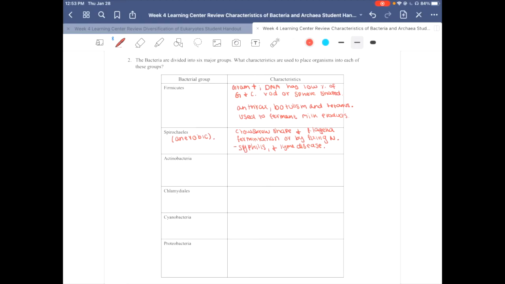The next group is actinobacteria, and this is kind of the opposite of the first group that we looked at, in that they have a high percentage of guanine and cytosine, and they're gram-positive. These are usually heterotrophic and parasitic, so they're known to harm their host.